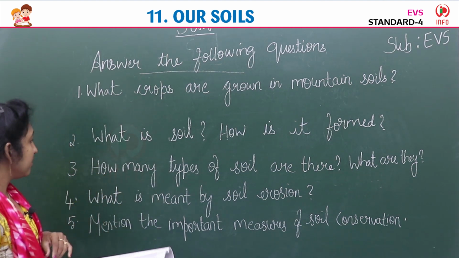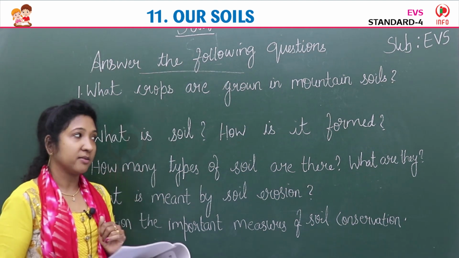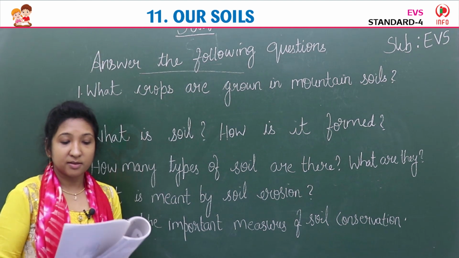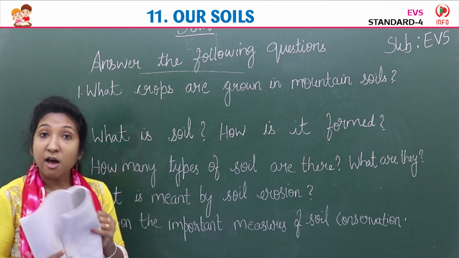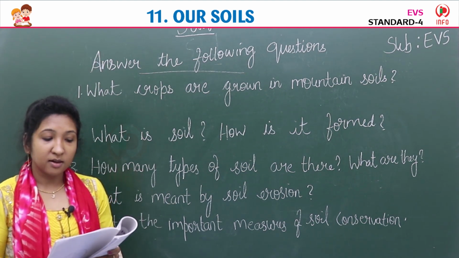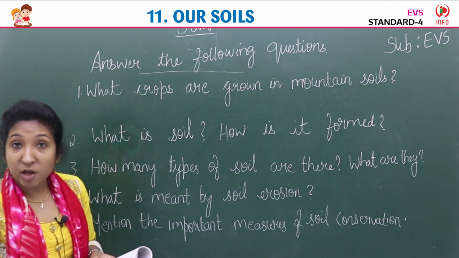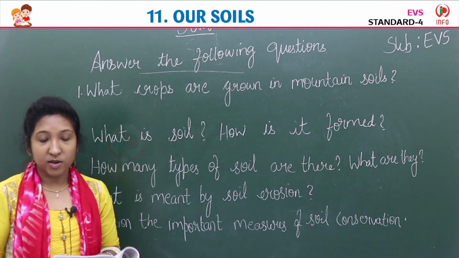Now our third question is, how many types of soils are there? There are six types of soil. They are mountain soil, alluvial soil, black soil, red soil, desert soil and laterite soil.